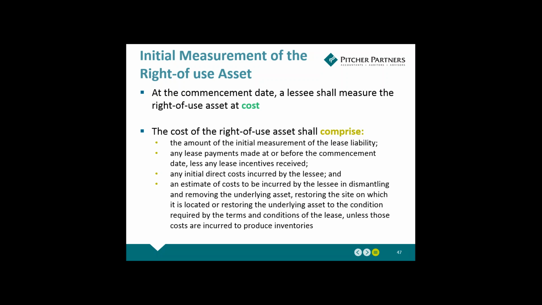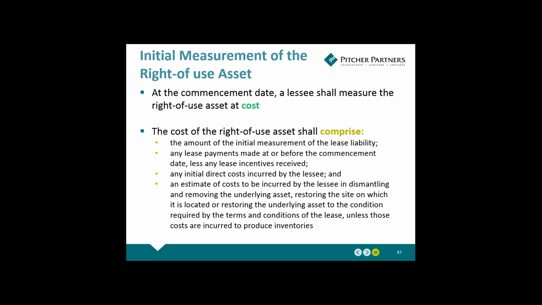Any lease payments made at or before commencement date, less any lease incentives received. Any initial direct cost incurred by the lessee, and an estimate of cost to be incurred by the lessee in dismantling and removing the underlying asset or restoring the site on which it is located, or restoring the underlying asset to the condition required by the terms and conditions of the lease, unless those costs are incurred to produce inventories.